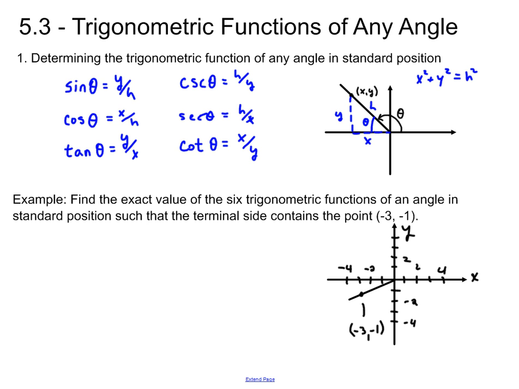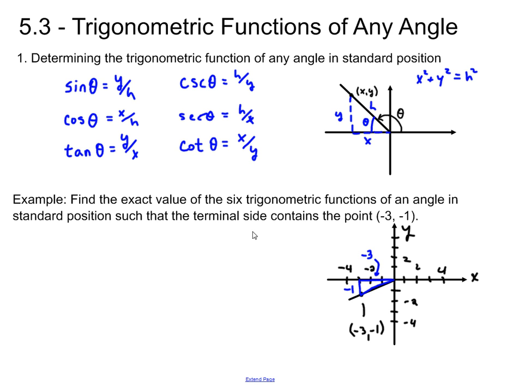In this problem, we have a right triangle contained within this little area right here. We can talk about the lengths of the sides of this right triangle as being an opposite side of -1 and an adjacent side of -3.